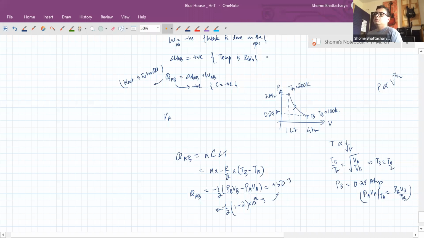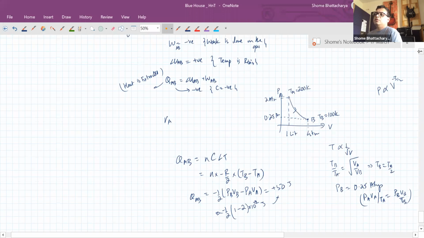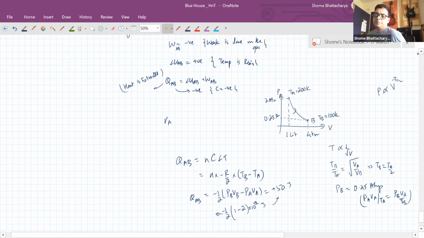Okay, so hope this is clear, people. This is a very odd kind of process which is not very intuitive: temperature is increasing but heat is extracted from the gas, because the work done on the gas is so much. So basically what is happening here is delta U is Q minus W, where W is a very large negative quantity. So even though Q is negative, delta U is positive for delta T being positive.